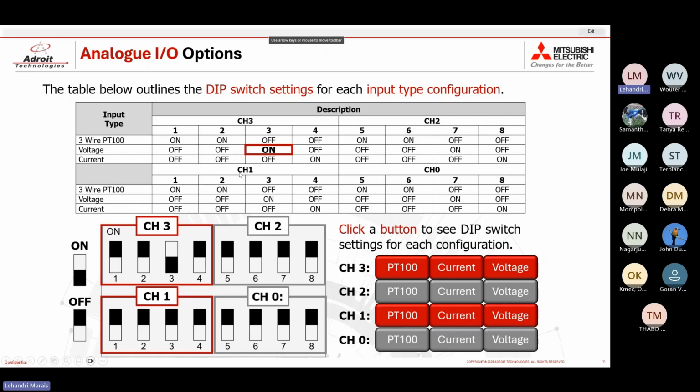So for instance, if I want to have channel 1 be a 3-wire PT100, I would turn on dip switch 1 and 2 of the bottom row, which are these two. And the same applies for all 4 of these channels. For instance, if I want to do current for channel 2. So this is how you would configure the dip switches to reflect a certain input type.